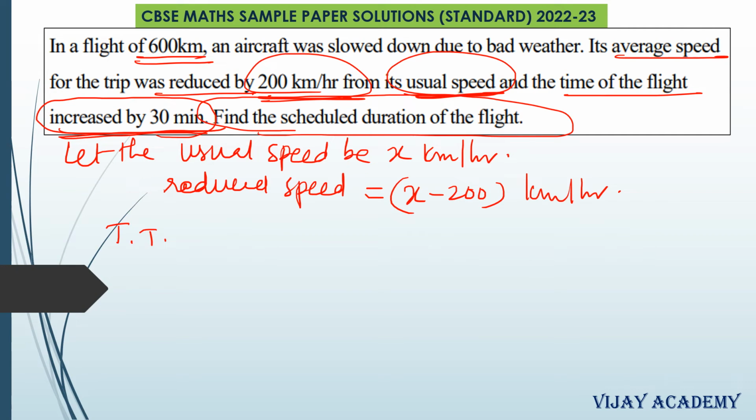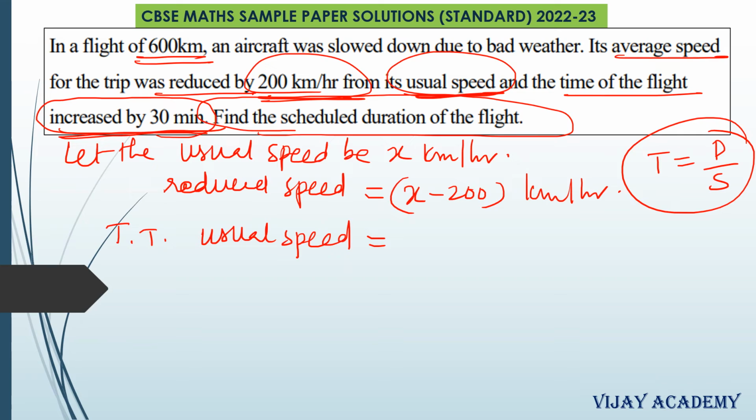Time taken in the case of usual speed: we know that time is equal to distance by speed. Distance is 600 kilometer, speed is x kilometer per hour, which is 600 by x hours.